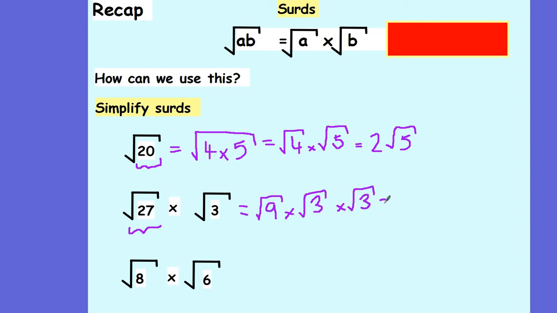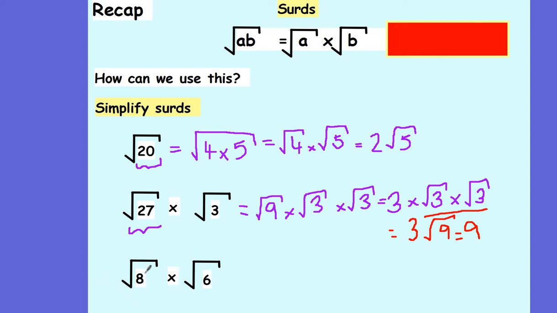Now the square root of 9 is 3, so I've now got 3 times the square root of 3 times the square root of 3. But I can put these two square roots of 3 together, so I can write that as 3 lots of the square root of 9. The square root of 9 is just 3, and 3 times 3 is going to give me 9.